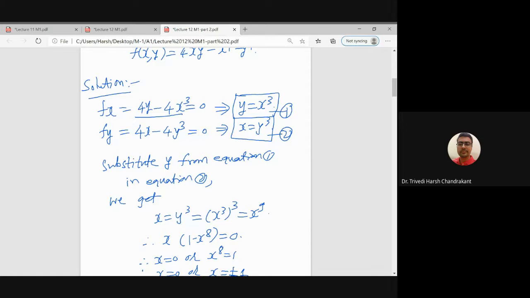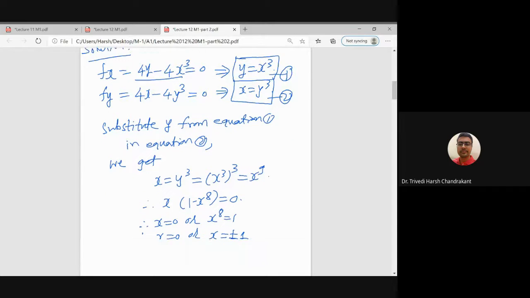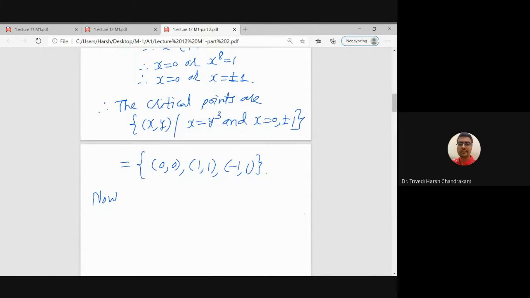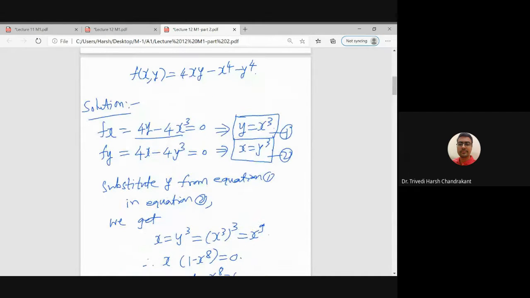We are differentiating fx with respect to y for the second partial derivative. Similarly, if we differentiate fx again with respect to x, we get the derivative of minus 4x cube, that is minus 12x square.